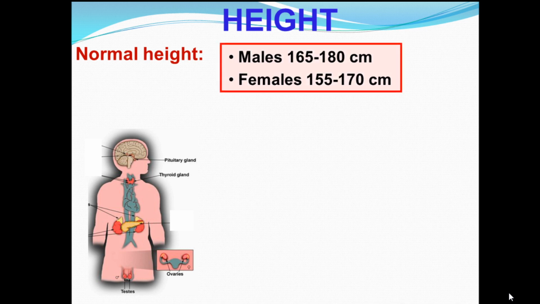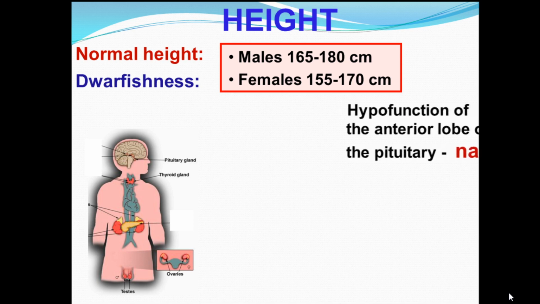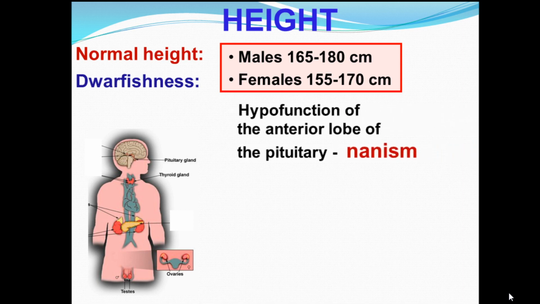If the height is less than 150 centimeters, we are talking about dwarfishness, which appears due to hypofunction of the anterior lobe of the pituitary and is called nanism, because the patient is delayed only in physical development, but his mental activity is completely intact.